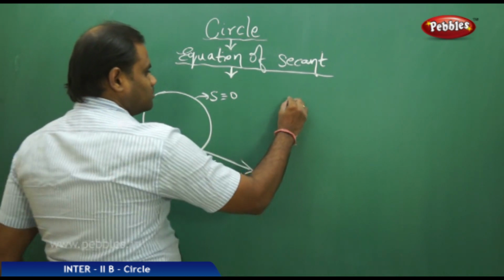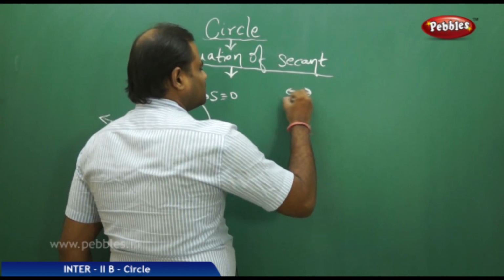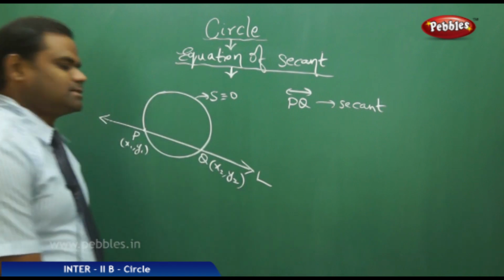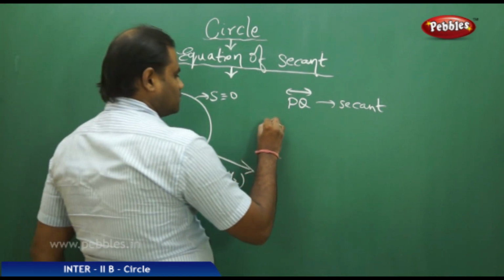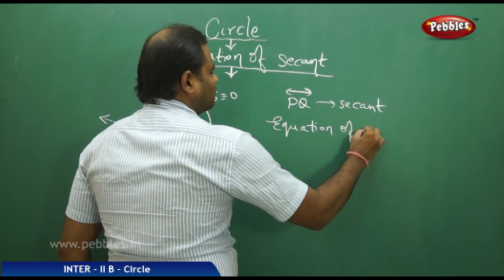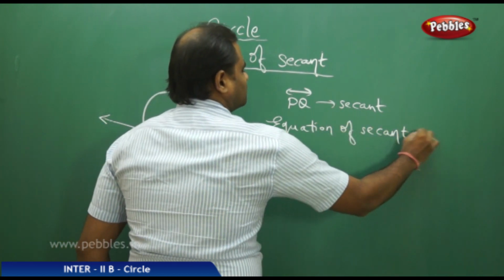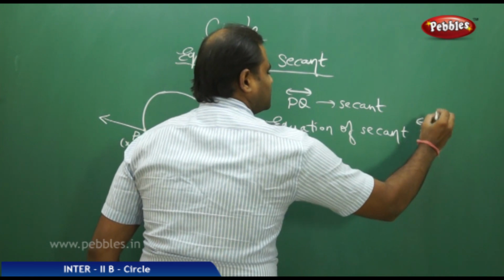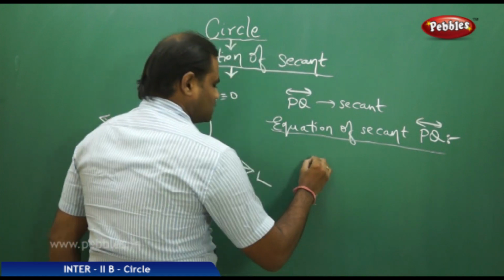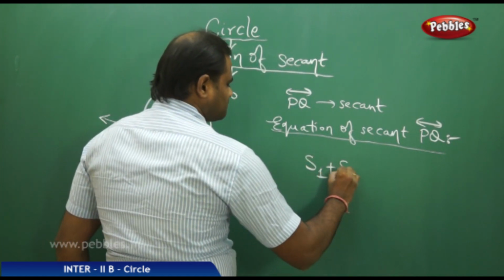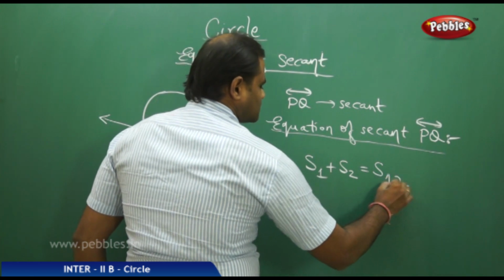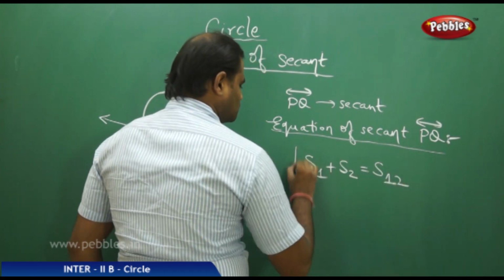So we know that PQ is the secant for the circle S equal to 0. Therefore, the formula for equation of secant PQ is given by S1 plus S2 equals S12.